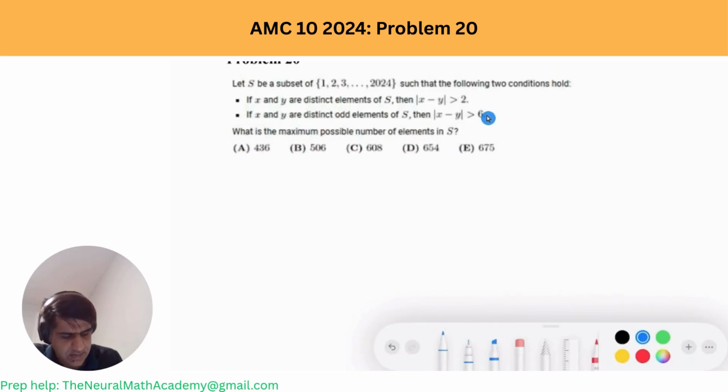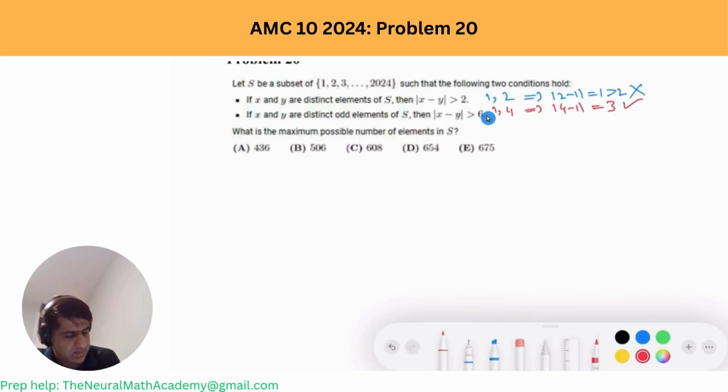So let's first understand these two conditions. As per the first condition, if we have two distinct numbers, let's say 1 and 2, then the difference is 1, right? So that is not greater than 2 and it will not satisfy this condition. So in order to satisfy the first condition, let's say if I take 1 and 4, the difference is 3, so it would satisfy this condition, right?